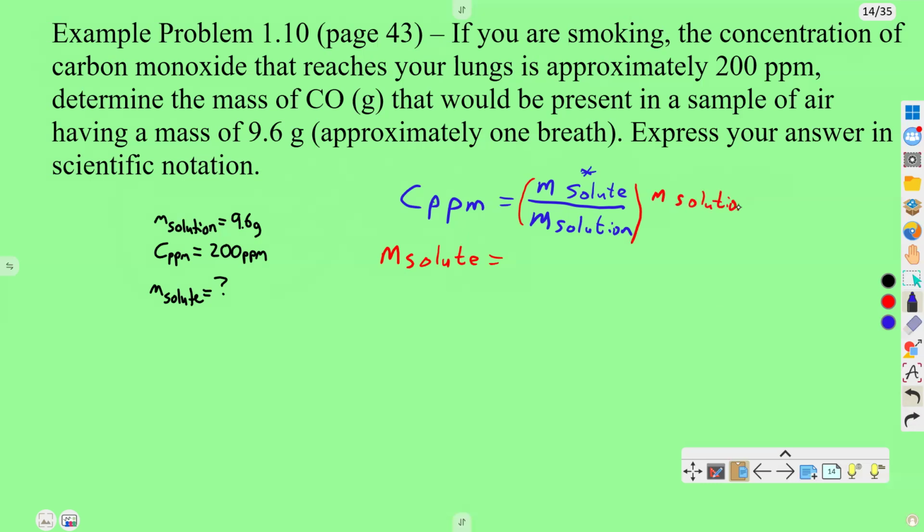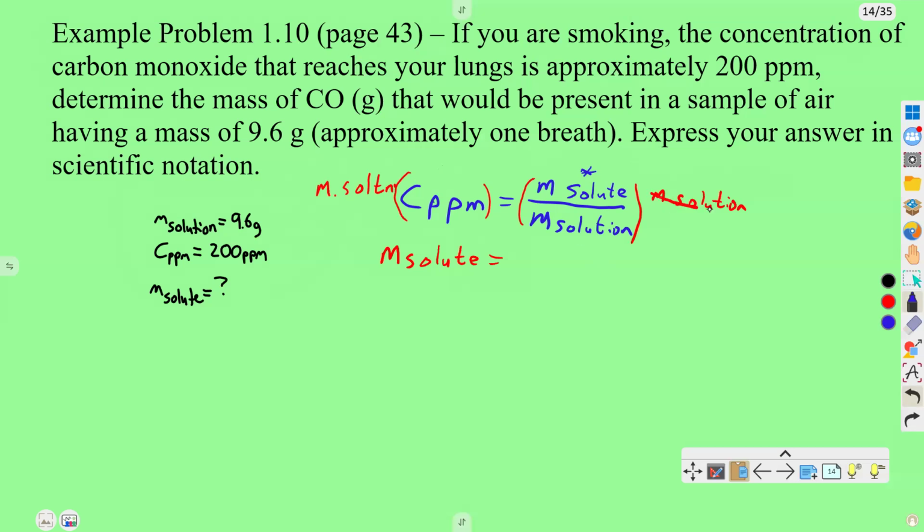Since we're not actually doing numbers or calculations yet, we don't have to figure this out precisely. But what we do on one side of the equation, we have to do on the other side. I'm just going to use this as my abbreviation for solution instead of writing out the whole word.